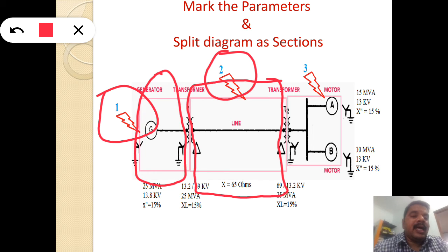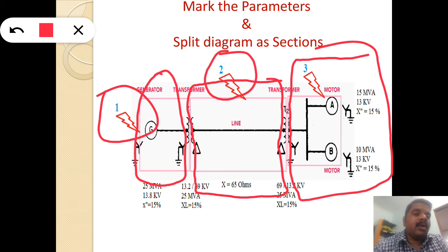The next one: the transformer T2 secondary is 13.2 kilovolt, motor A is 13 kilovolt and motor B is 13 kilovolt.